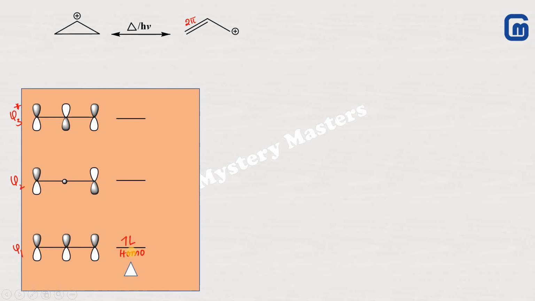Now, whenever the reaction undergoes ring opening in thermal condition, we always have to get the arrangement which has been shown here in this HOMO. That means the two terminal orbitals which we will show after the ring opening should have the same type of lobe on the same side.